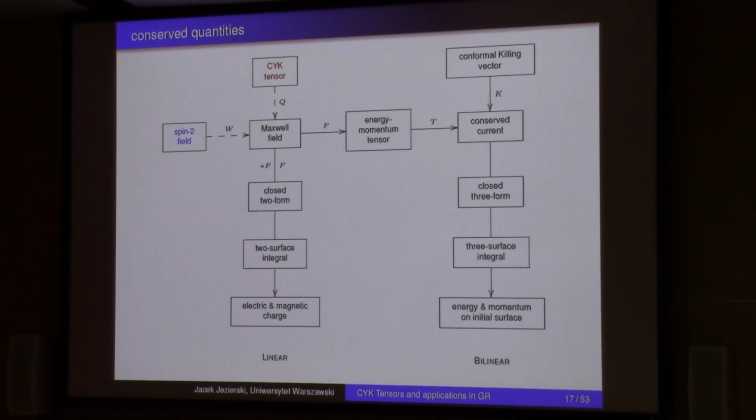Let me comment also that this left column is linear in terms of the Weyl. However, the right column is quadratic in terms of the Weyl, and this right-hand side is often called super energy tensors. Yes?